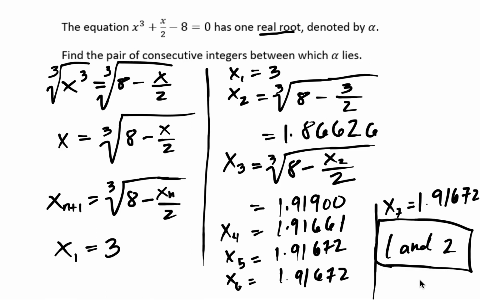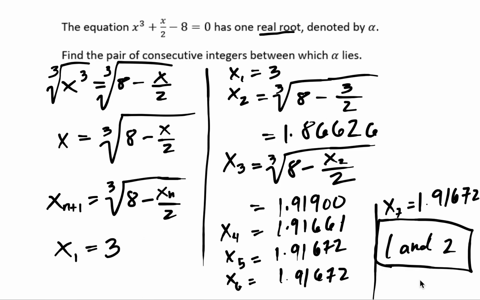From there, just type the coefficients of the terms, then equals. Here I used my calculator and I got 1.91672, the exact same answer that we got.